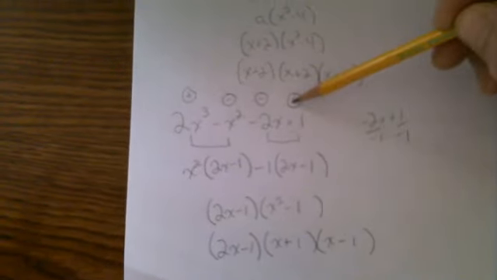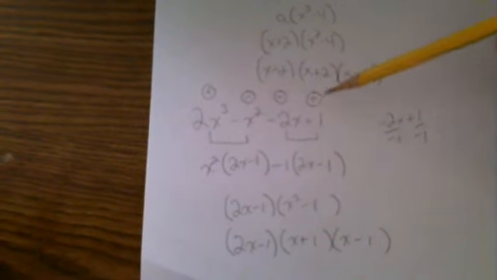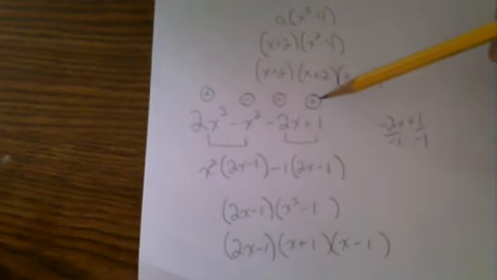If these signs were positive, negative, positive, negative, then we would not have to factor out a negative. If these signs here were positive, positive, positive, positive, I would not have to factor out a negative. If these signs here are negative, positive, positive, negative, then I would have to factor out a negative. There has to be a pattern here.